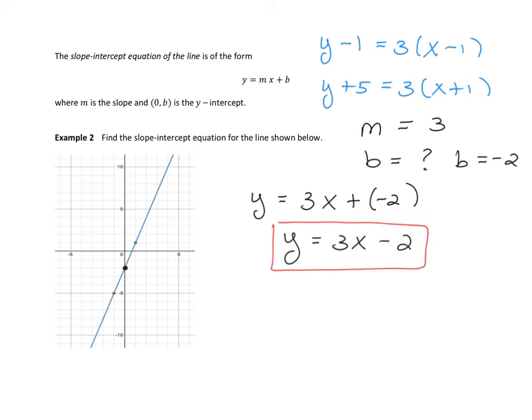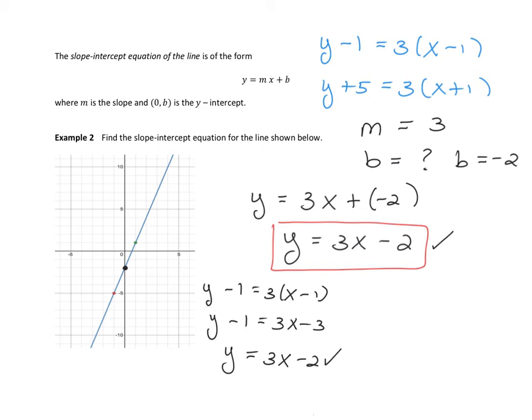Let's try it out. So if we have y minus 1 is equal to 3 times x minus 1, if we first distribute in the 3, we get 3x minus 3. Hey, and if you add 1 to both sides of the equation, you get 3x minus 2. So that matched with this. What about this other one? y plus 5 is equal to 3 times x plus 1.